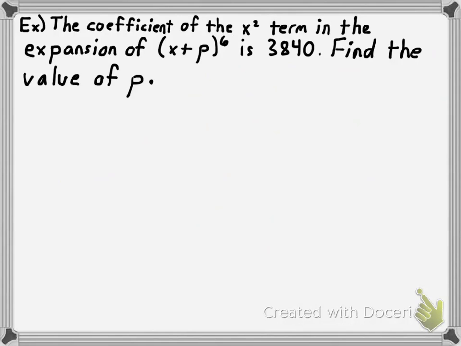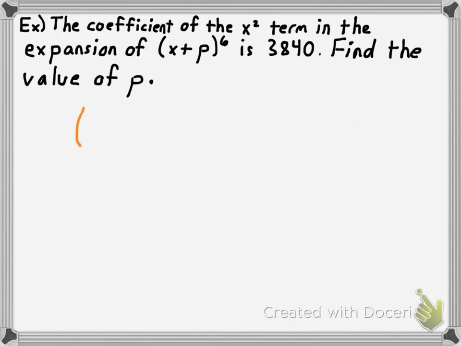Now we're going to use the same basic idea that we did in the last example, where we know the value of n for the term that we're using, and we kind of know the value of r as well because we're looking for the x squared term. But you got to be careful with that one. Let me see if I can show you what's going to work out here.